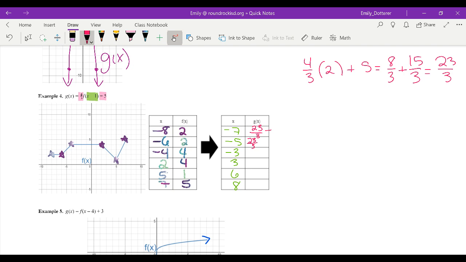For graphing, it can be better to take that extra second and convert that to a decimal, or at the very least a mixed fraction, so that's 7 2/3. Because that's easier to plot on a graph than 23/3 is.